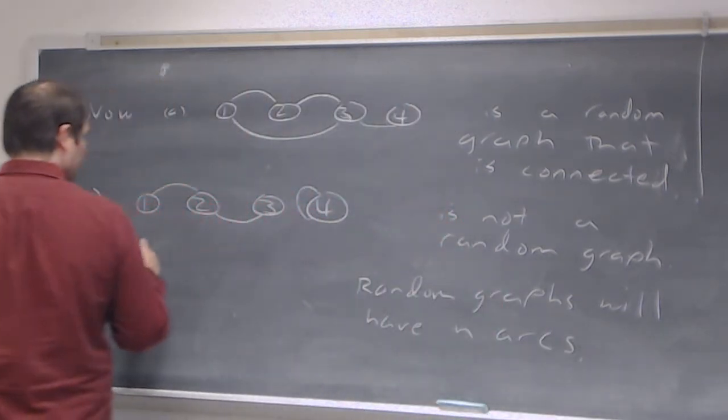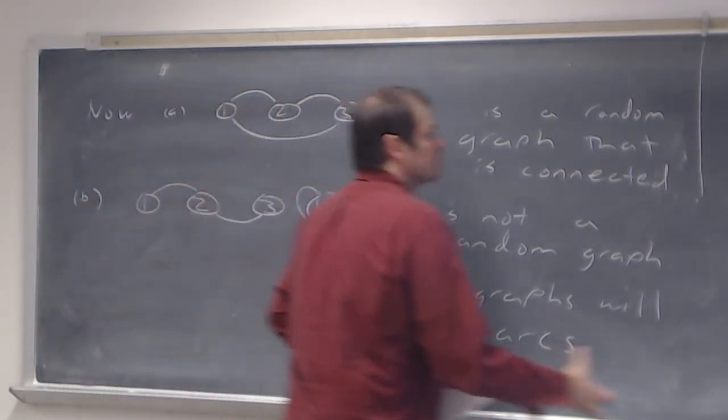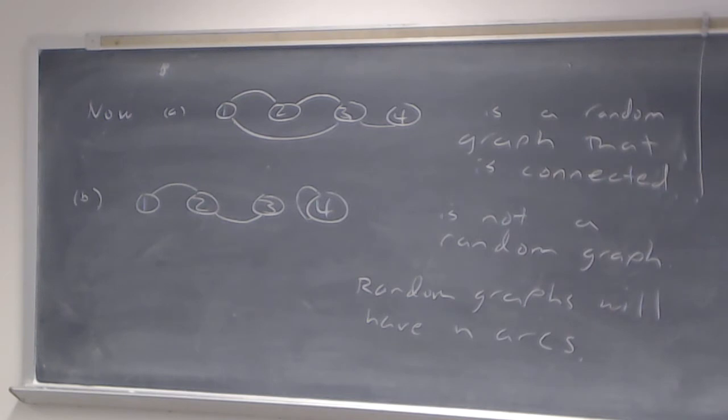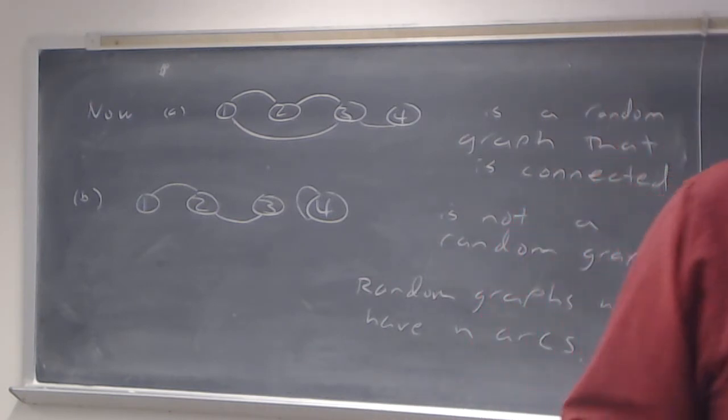And so here there are 4 nodes, but we've only got 3 arcs. Do 2 more examples. Okay. By the way, before I move on, this graph is not connected. Okay? It's disconnected.